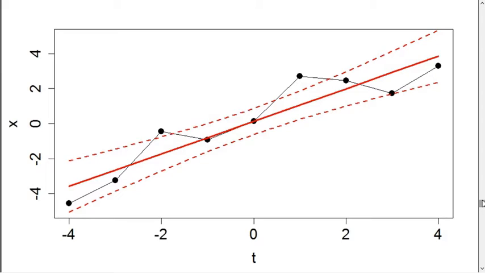Here we have just a few data values which are generated as a true straight line plus random noise, so that the actual signal is a true straight line plus random noise. If we estimate what that straight line is by linear regression, we get the solid red line. If I take the uncertainty in the value at any particular time and add or subtract 2 times the standard deviation to get something like a 95% confidence envelope, that will be the dashed lines.